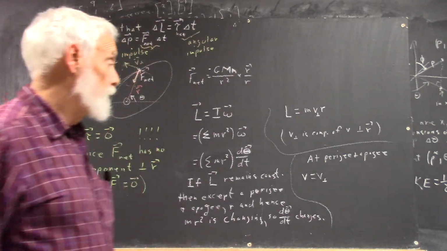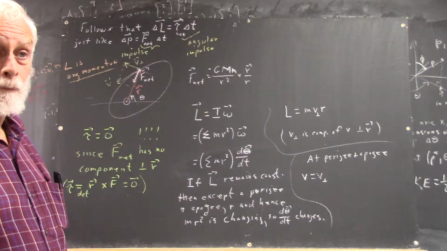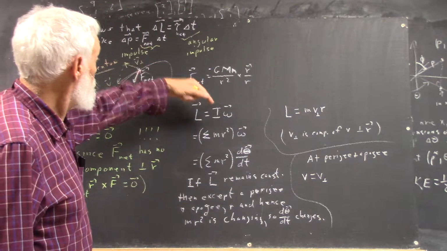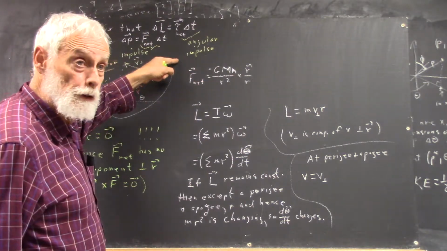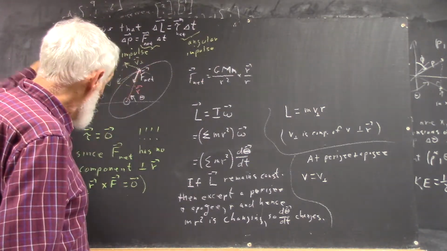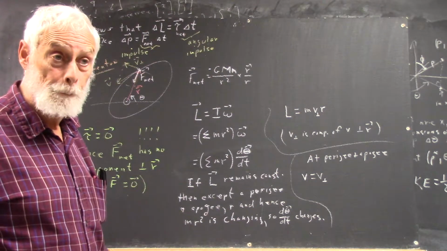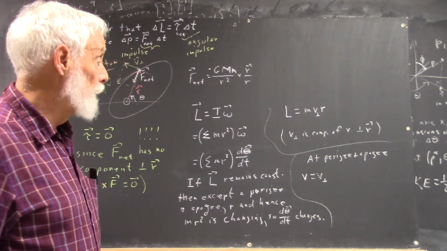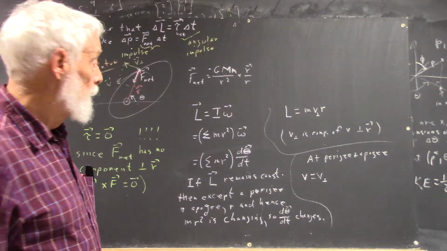At perigee and apogee, V equals V perpendicular. Because when you're up here, you're moving in this direction, which is perpendicular to your R vector. Down here, your R vector's here, your direction of motion is here, right? That's all there is to it.